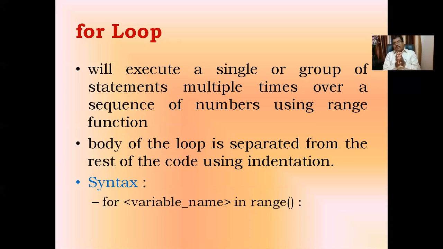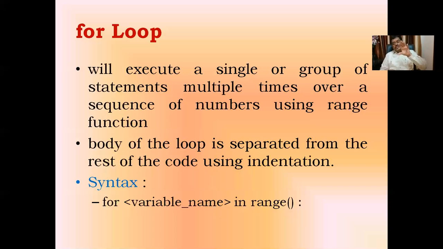Here the group of statements may have a single statement or multiple statements. Those statements are going to be executed multiple times. How many times? Over a sequence of numbers, which is specified by using the range function.